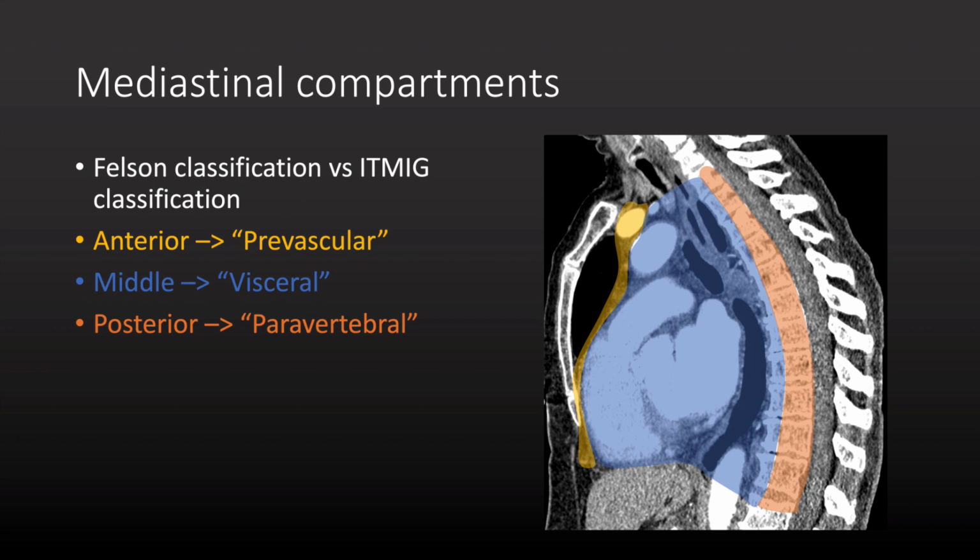In other words, along the sides, essentially, of the vertebral bodies. Now, these compartments are not anatomic compartments. They are simply useful for localizing structures and generating a differential diagnosis. There's nothing that prevents a lesion from involving more than one of these compartments.